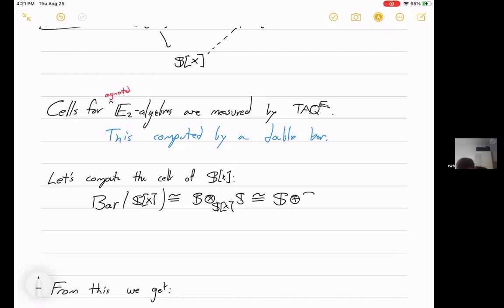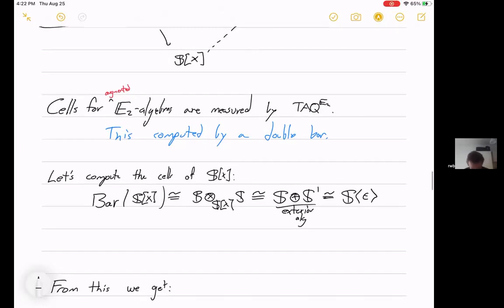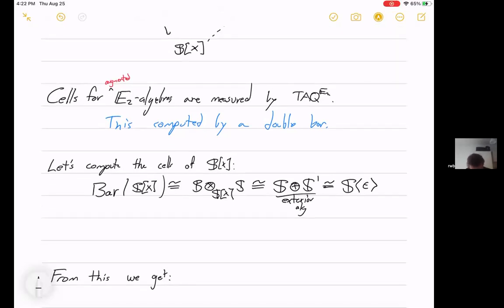You get S plus S1, and as an algebra, this is an exterior algebra. This part is just notation: angle brackets, epsilon, is my notation for an exterior algebra. Okay, that's one bar down. Now let's do a second bar. Now we need to bar an exterior algebra.